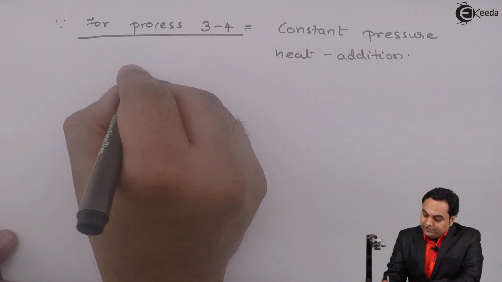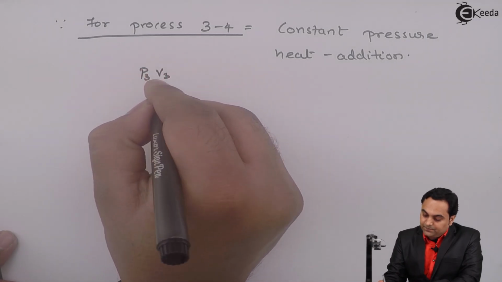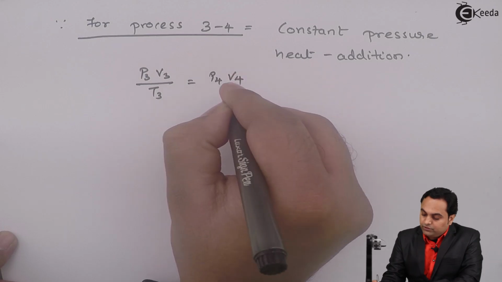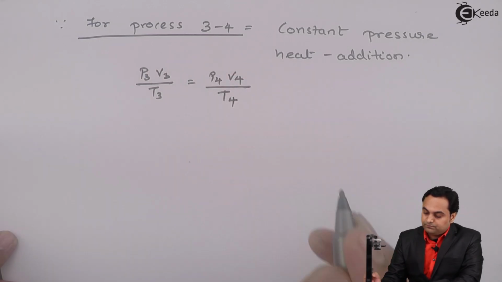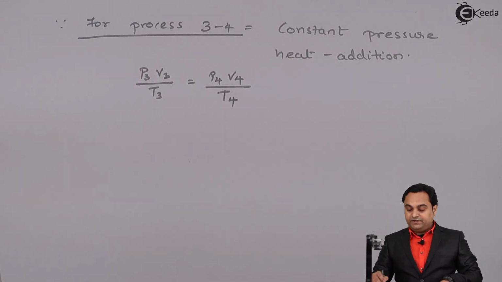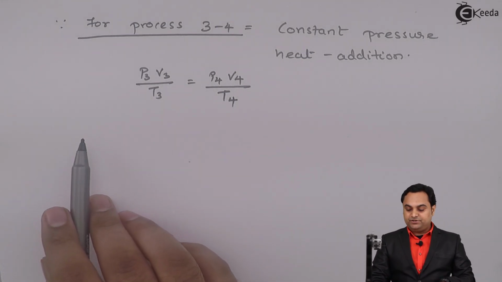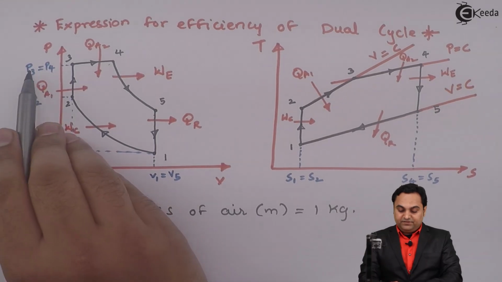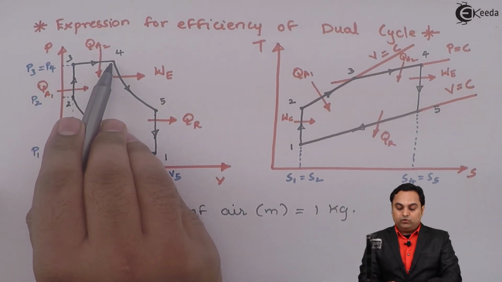here I'll write down the state equation as P3V3 upon T3 is equal to P4V4 upon T4. And since the heat addition process is at constant pressure, as we can see from the PV diagram, P3 is equal to P4.